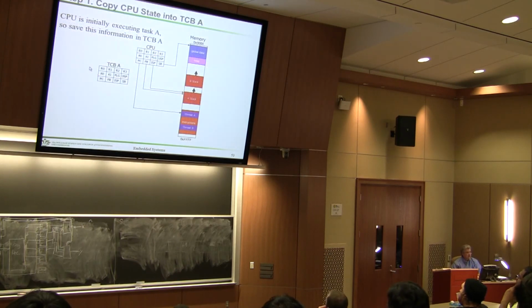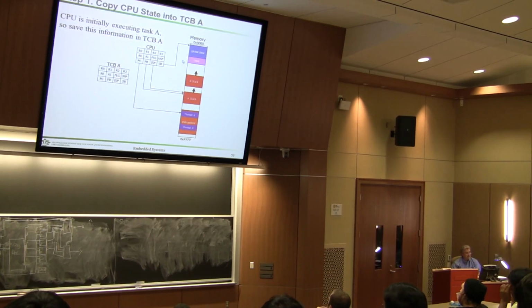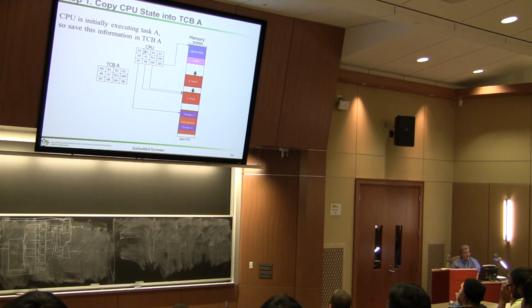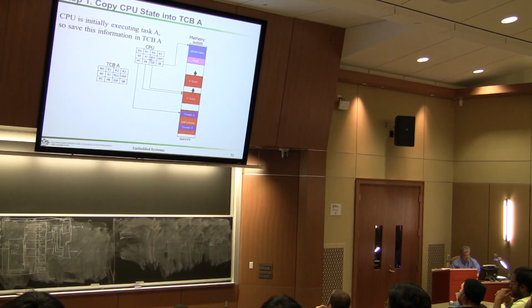So what we'll do is we'll define this thread control block as someplace in memory that will actually store all of this information. So let's say we're running task A. Task A, remember, has this stack. It has all of this data inside of the CPU. And let's say we want to run another task.